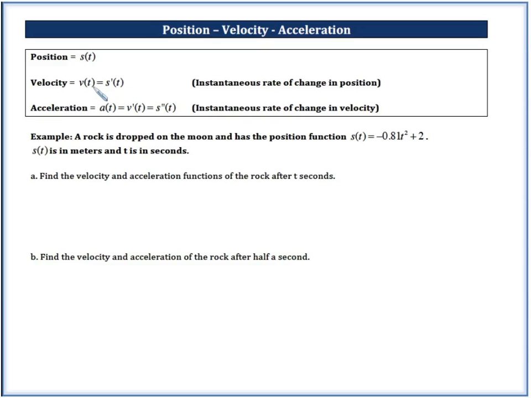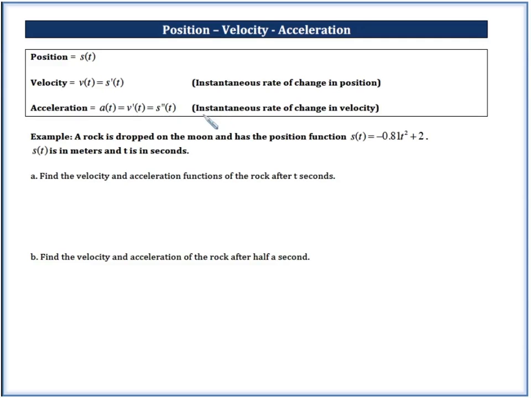Now if we take the derivative of velocity, we get acceleration. So the acceleration function is going to be the first derivative of the velocity, but that's also the second derivative of the position function. So if we want to find any acceleration function given a position function, we just have to find its second derivative, and that's the acceleration.